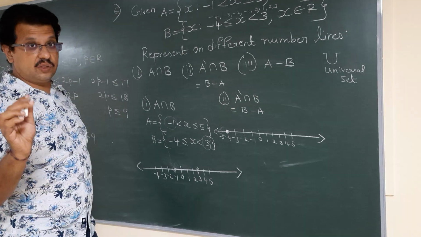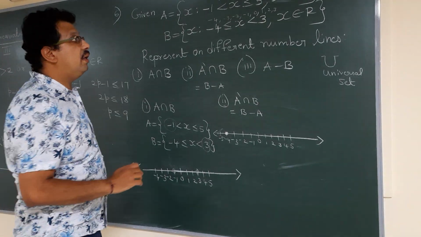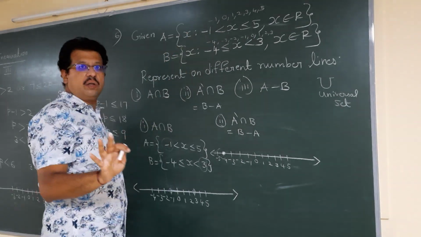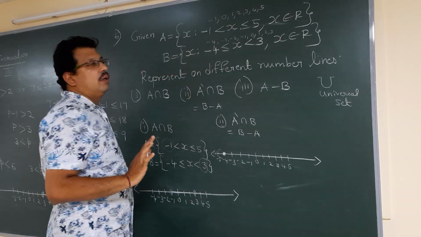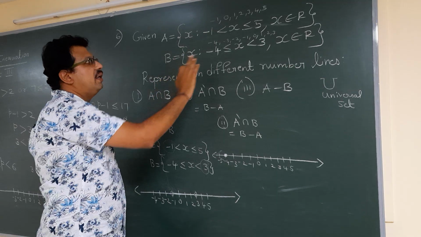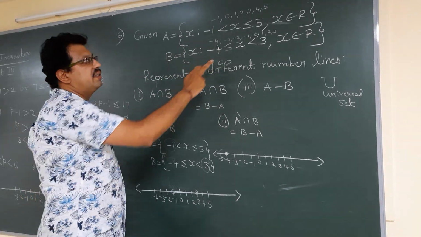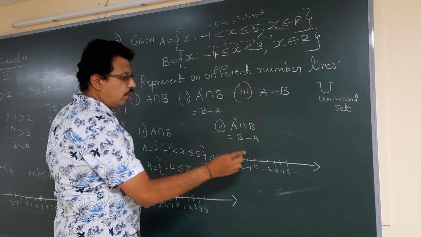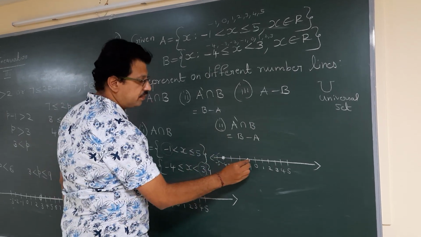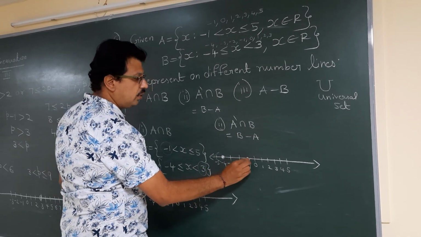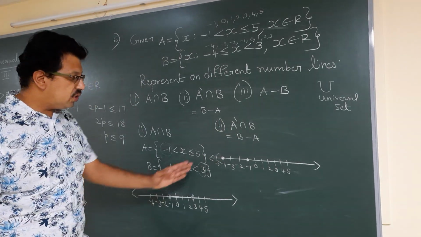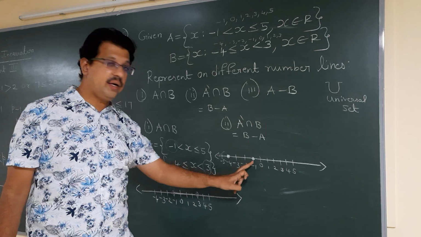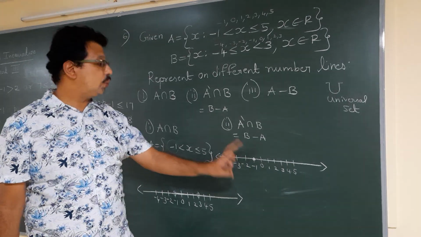Okay, students, I hope this is very important here. And then it is minus 1 less than x. That means minus 1 is not included in set A, but it is included in set B. So it starts from minus 4 to minus 1. Minus 1 is not included in A, but it is included in B, so I have taken minus 1.